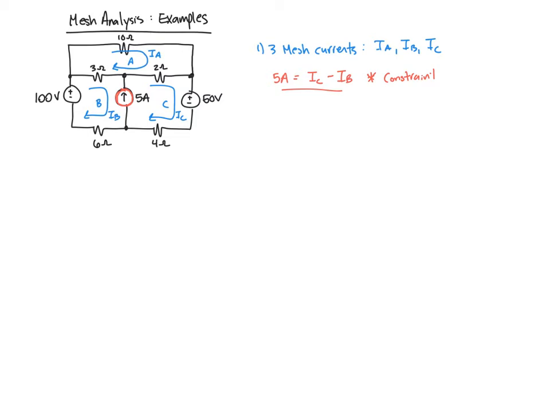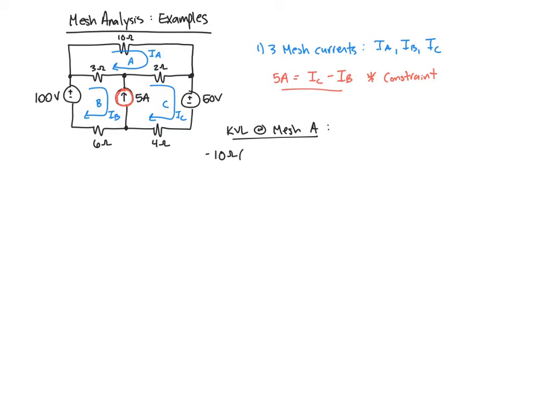Okay, so now we're going to write KVL equations at each mesh. So first at mesh A. Traverse across the 10 ohm resistor, that's a voltage drop. We're going clockwise again like in the last example, so I'm going to call the voltage drops negative signs.